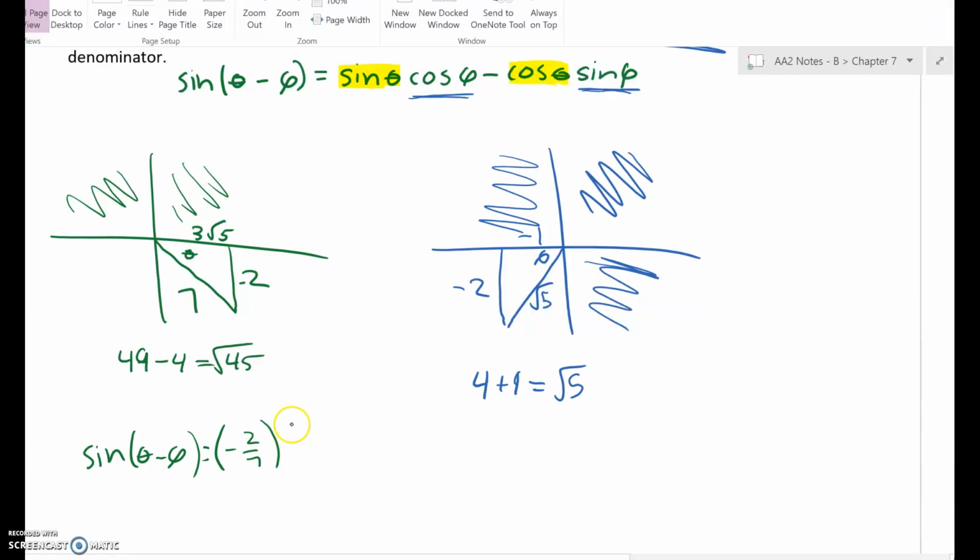So now I'm coming over here to the blue triangle and finding the cosine. So it's adjacent, which is negative 1 over hypotenuse, which is square root of 5. Then minus the cosine of theta. The cosine of theta is 3√5/7 times the sine of phi.